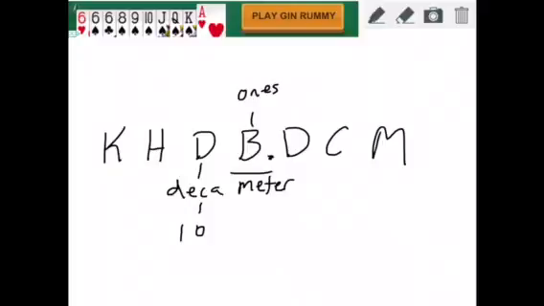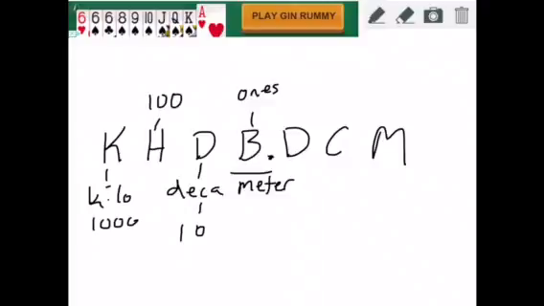That's all we're doing here, putting a prefix onto our base term. This is hecto, and hecto means 100. Hectometer, 100 meters. And then K is kilo. This means 1,000. That's important to know here.